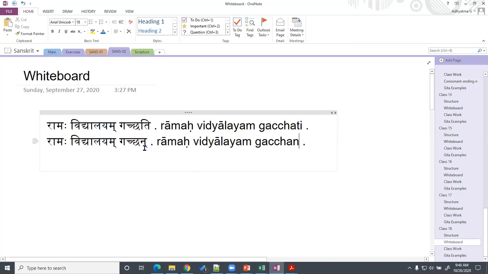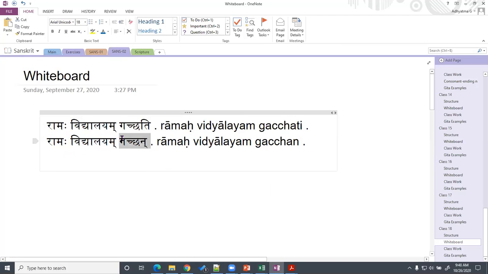The important part to remember is that Gachati is the verb form, while Gachan becomes a nominal form, and it has to correspond with the nominal form Ramaha.